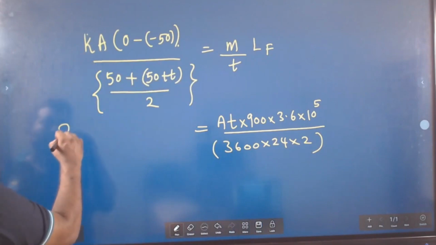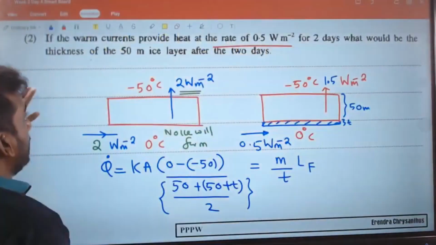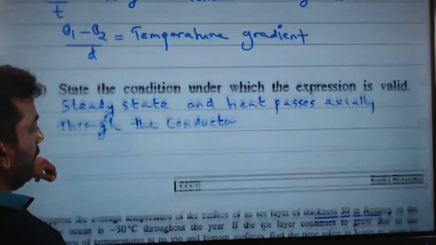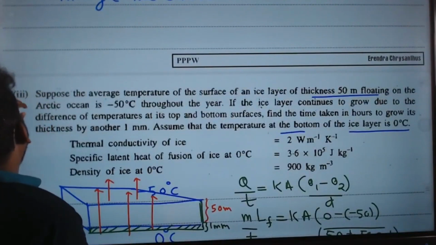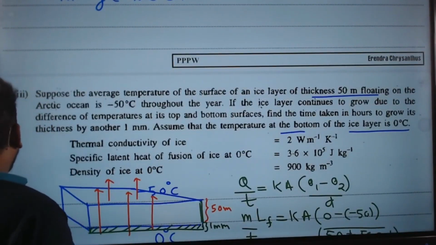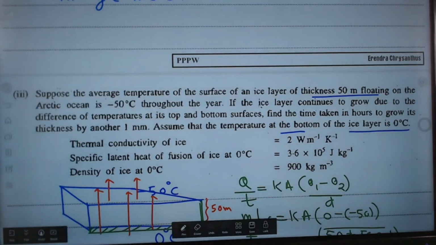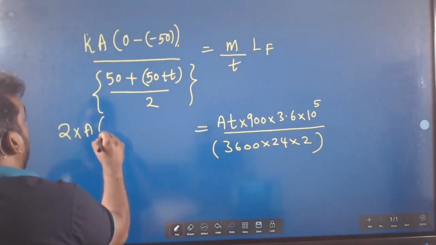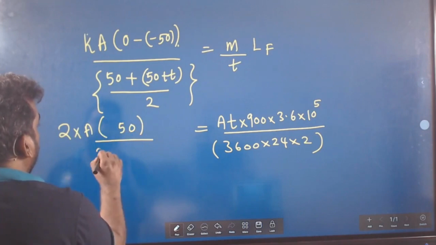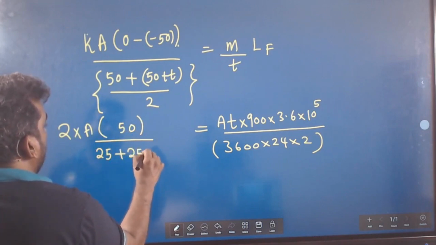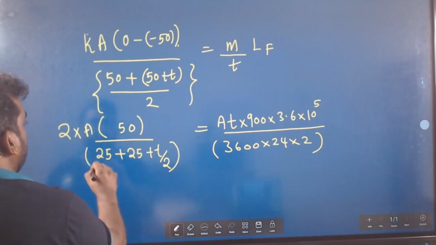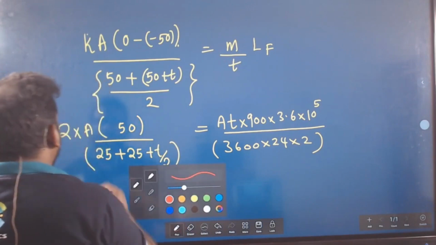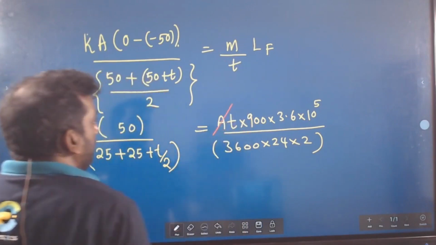Thermal conductivity of ice is 2 watt per meter square, area 50 divided by (50 plus T)/2. Simplify this.